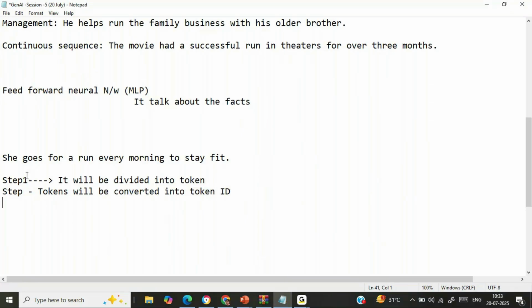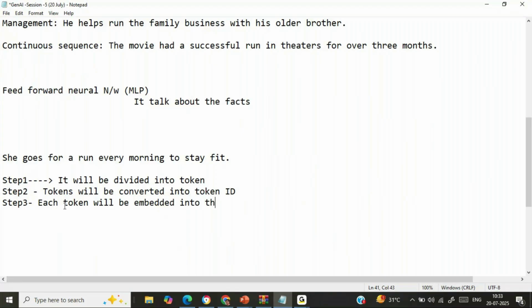And step three, what will it be? Each token, just pay attention over here, will be embedded into the vector. This is nothing but the vector database, vector DB.